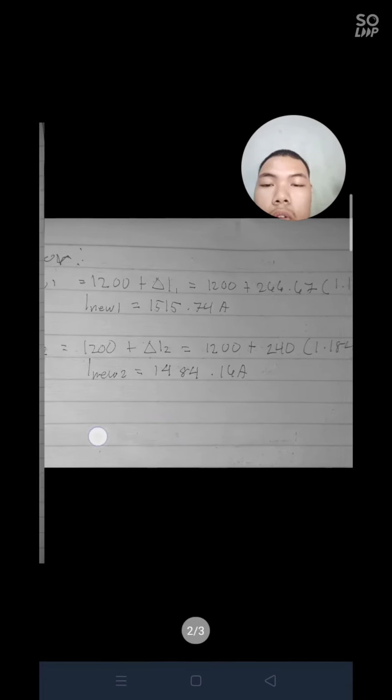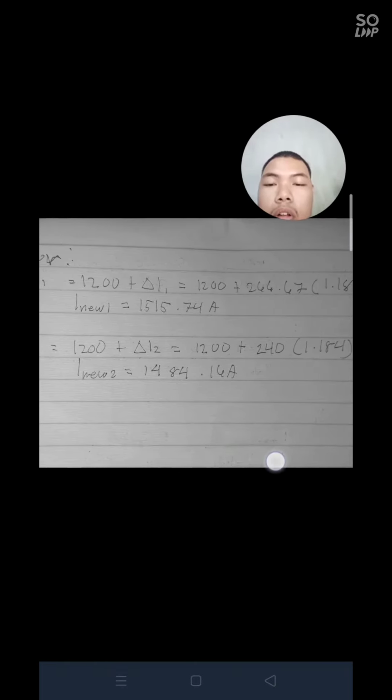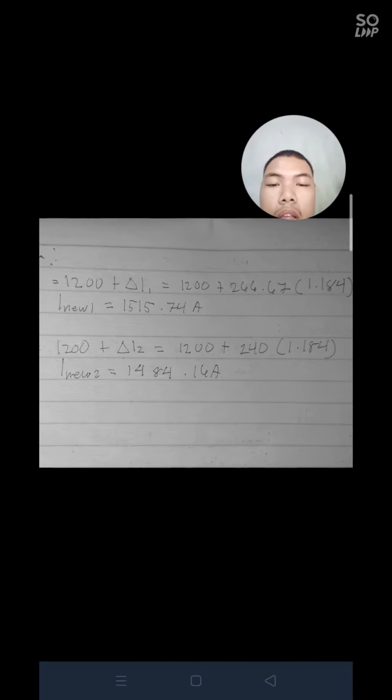So I new 1 equals 1,200 plus delta I1, equals 1,200 plus 266.67 times 1.184. So I new 1 is equal to 1515.74 ampere.